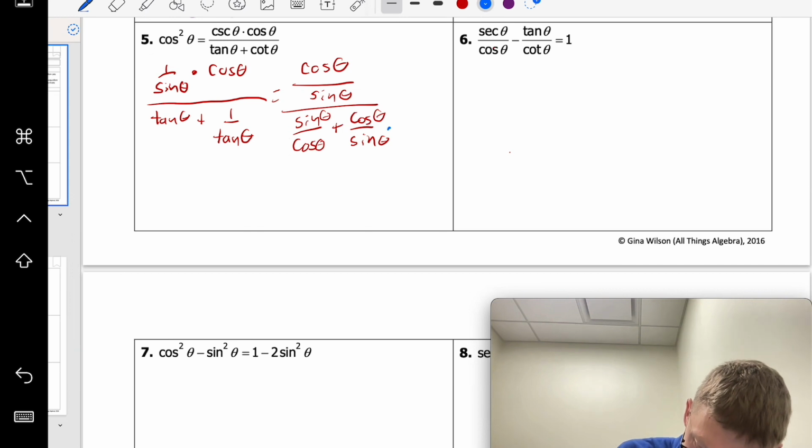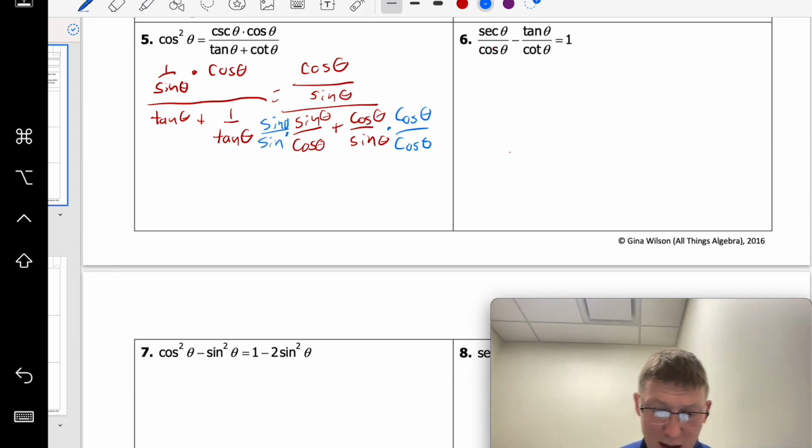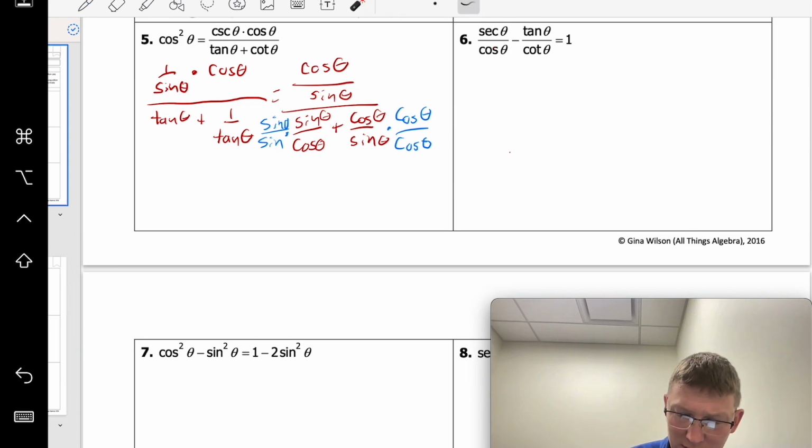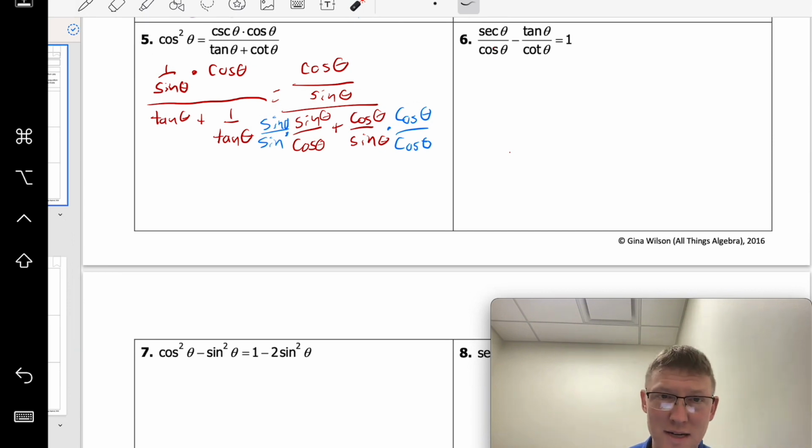So we're going to multiply this side by cosine over cosine, and we're going to multiply this side by sine over sine. And now that's going to turn this into sine squared plus cosine squared. That's an identity that we have. So let's do that.